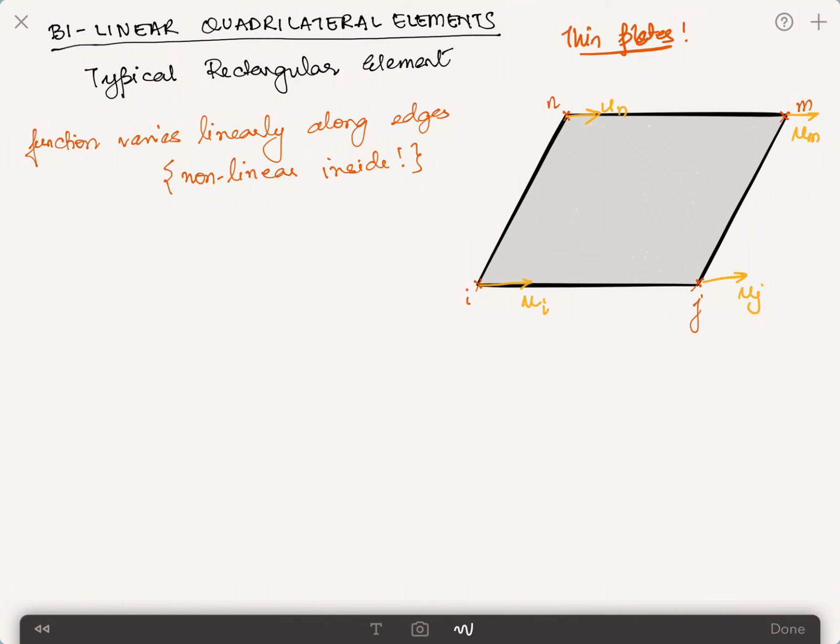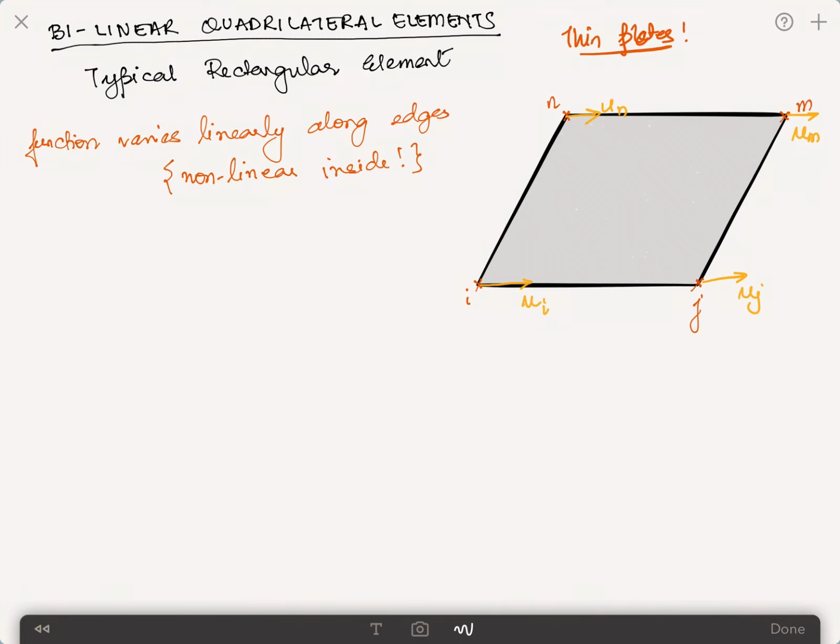The procedure for deriving any relations or any kind of stiffness matrices for such an element always, as usual, starts with defining the behavior of this element. And the behavior of these elements is going to be related to the shape functions that need to be first arrived upon by means of this linearly varying function.